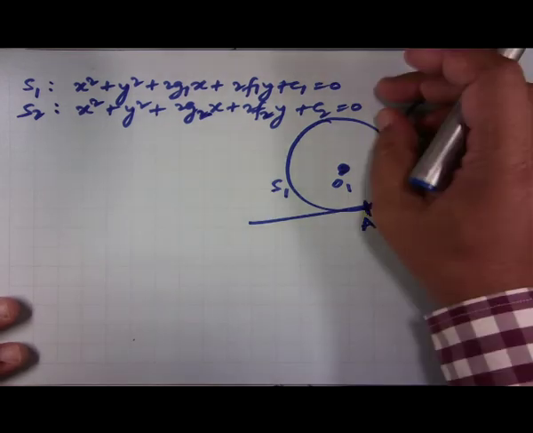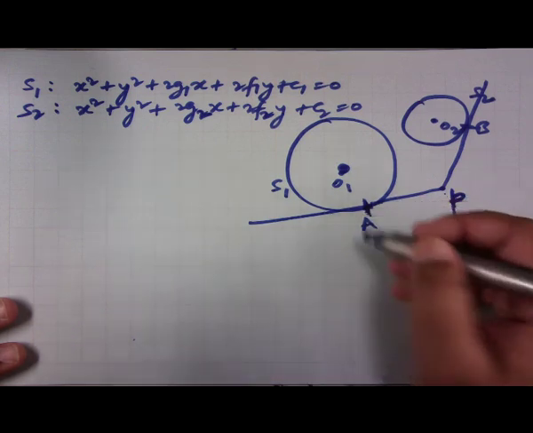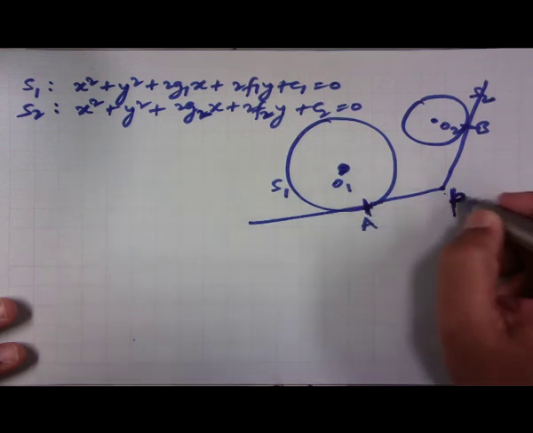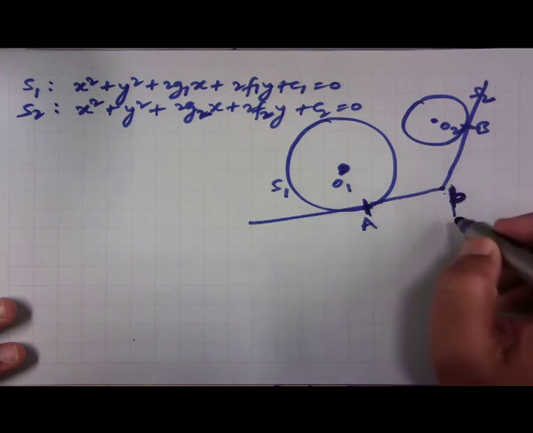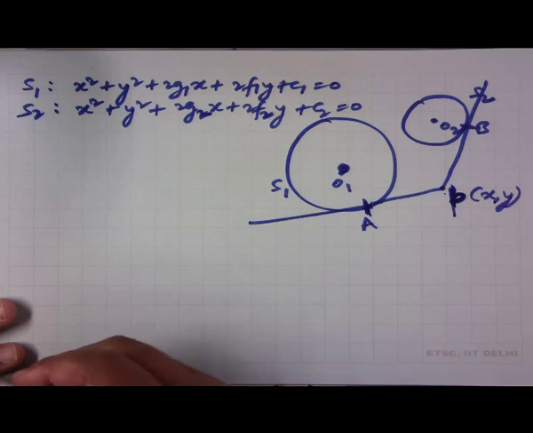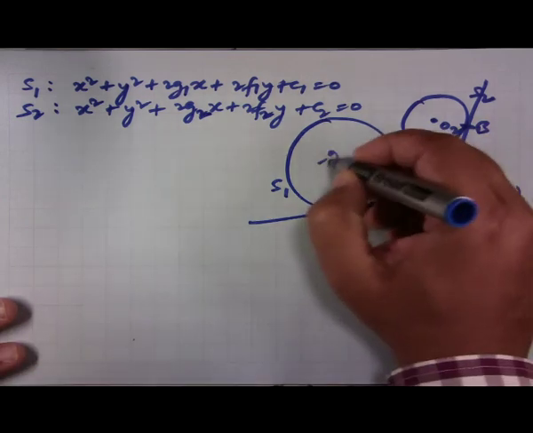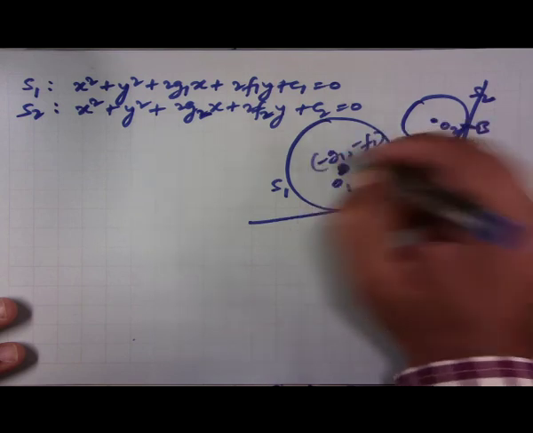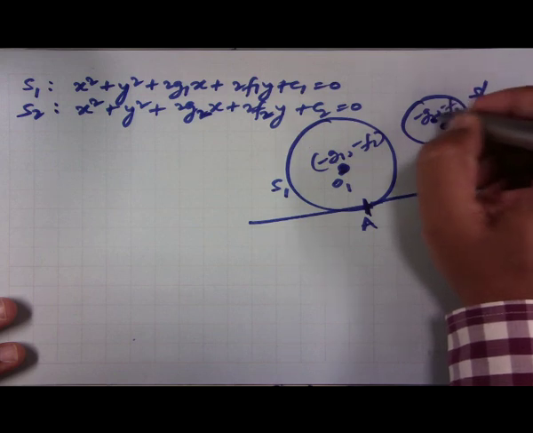So, we are given the equation of the two circles and we have to find the equation of the radical axis. Now, suppose that there is a point P having coordinates x, y. The centers of the two circles are of course minus g1, minus f1 and minus g2, minus f2.